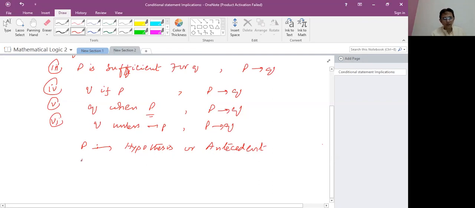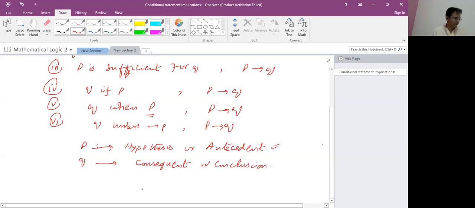It means the first statement. And the second statement, which we represent as Q, is called the consequent. The consequent is related to the proposition P, or in another way, we reach the conclusion.